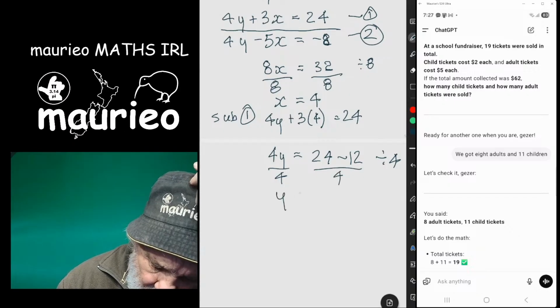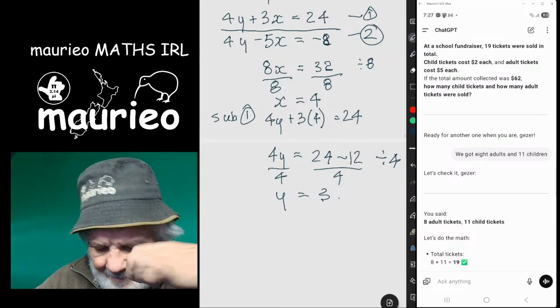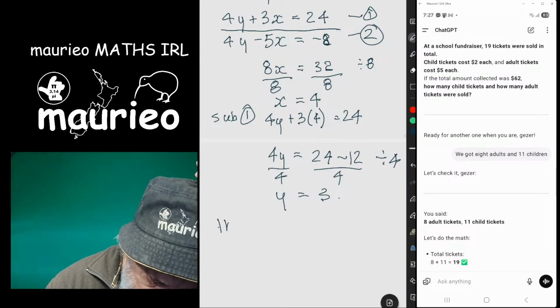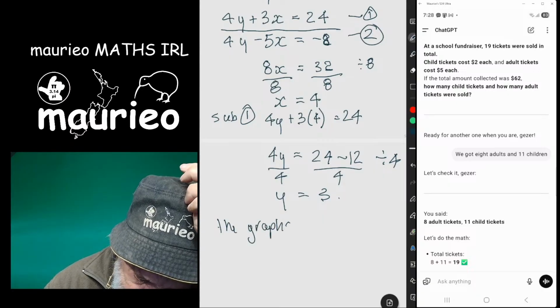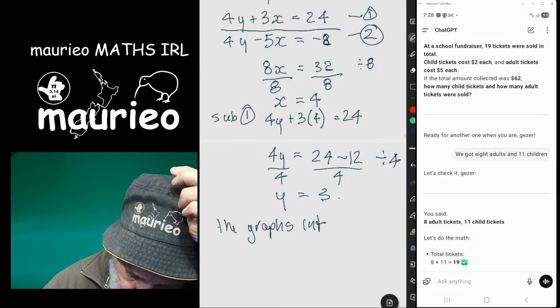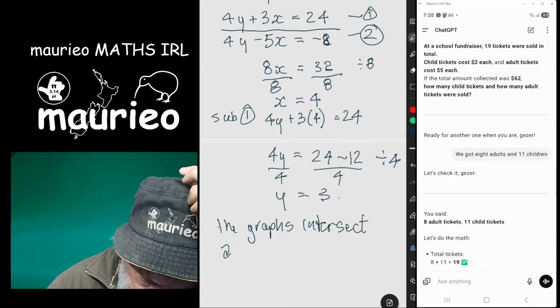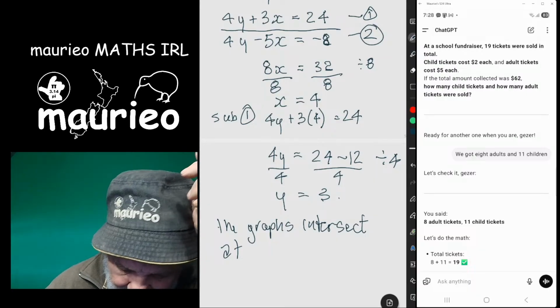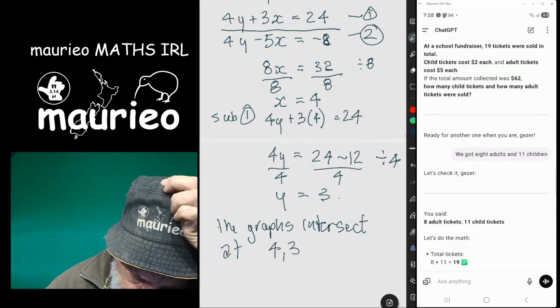And we get y equals 3. Okay. The graphs intersect at 4, 3.